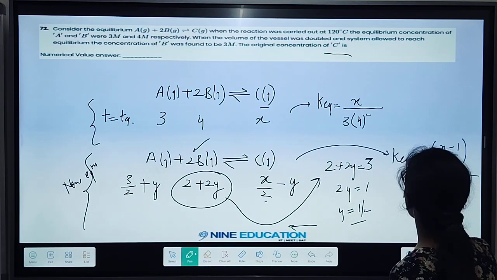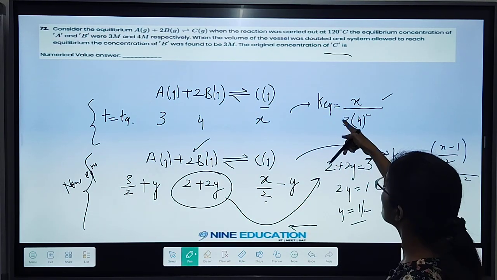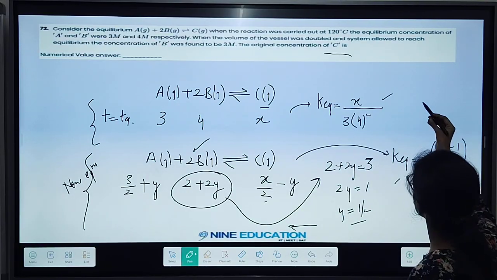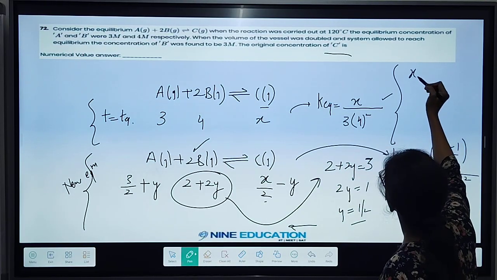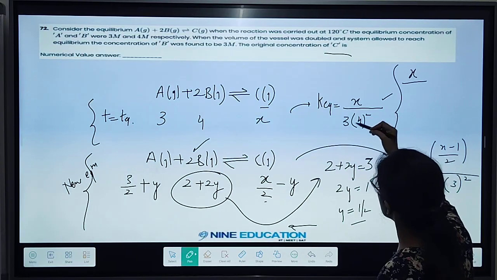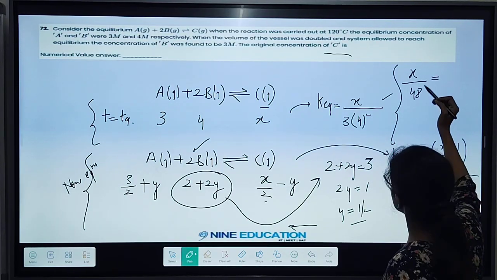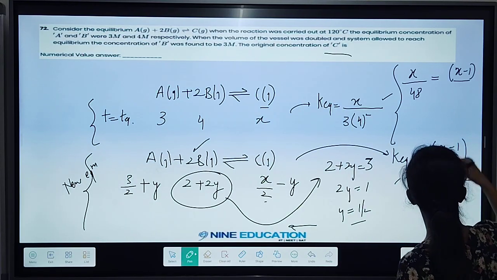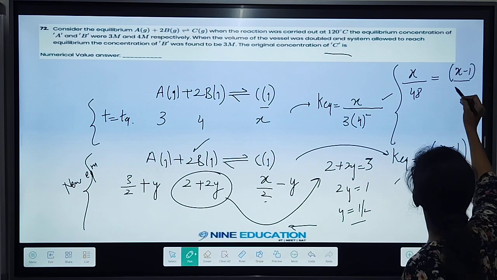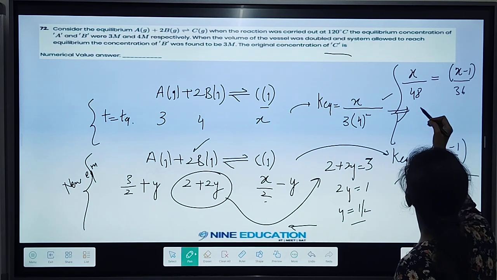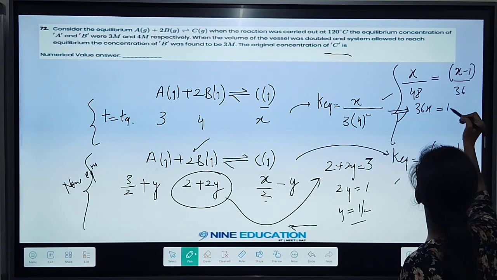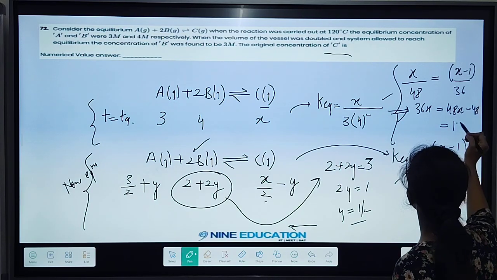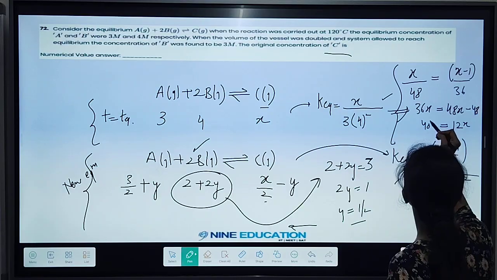So the old equilibrium constant is this, and the new equilibrium has the equilibrium constant this. We can simply equate them. We have X times 4 square, 16, 3 times 16 is 48, and here we have X minus 1 upon 2, so 2 times 3 is 6, 6 times 9 is... 36 after solving. Further solving, we get 36X minus 48X... that gives 12X, and here we have 48.